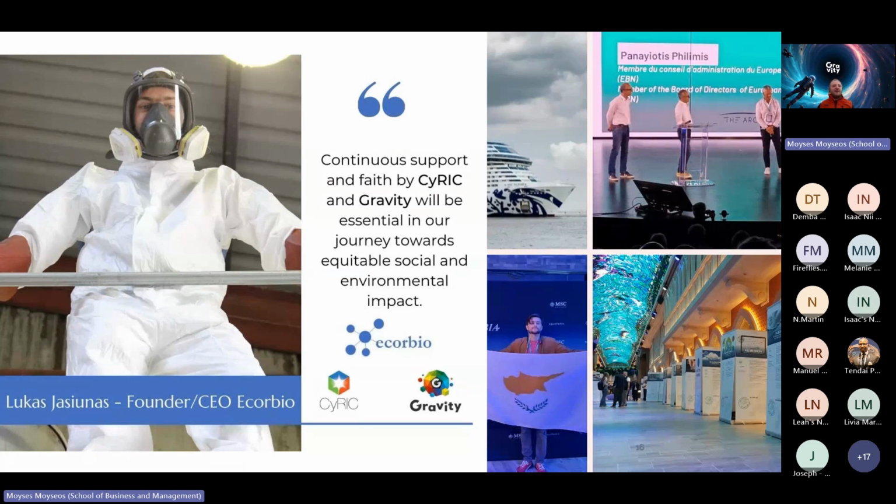Then I have Corpio, which is producing biopolyol from biodegradable materials. This is a typical example of an entrepreneur that came to us through the Erasmus for Entrepreneurship program. We liked him. He stayed in Cyprus. We submitted local funding proposals. We got some grants. We set up a pilot in Cyprus.